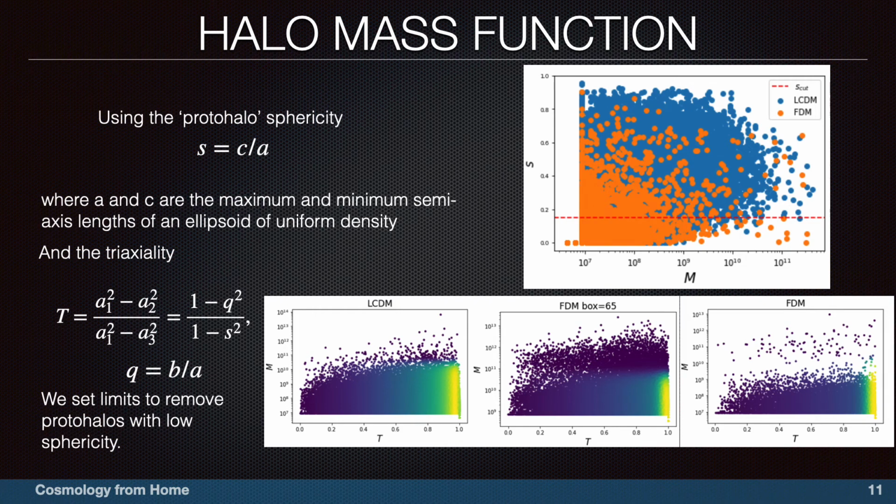Here I show you some figures where we plot the sphericity as a function of mass and the triaxiality as a function of mass for different cases like lambda CDM, the fuzzy dark matter with a box size of 65, and the fuzzy dark matter with a box size of 15.